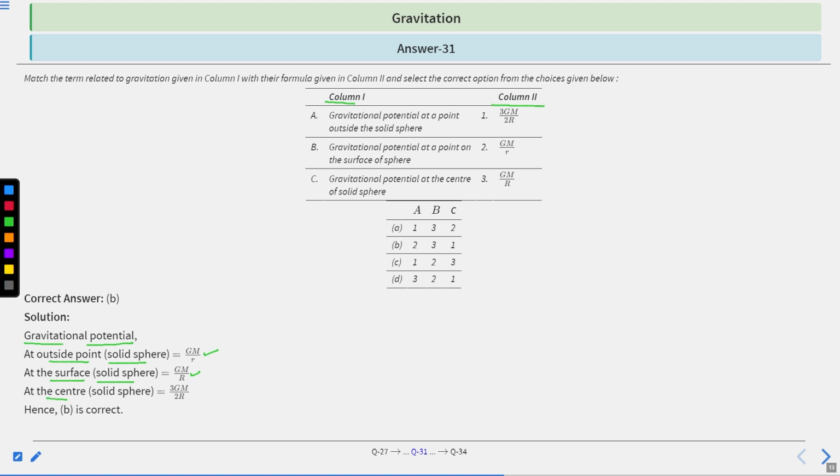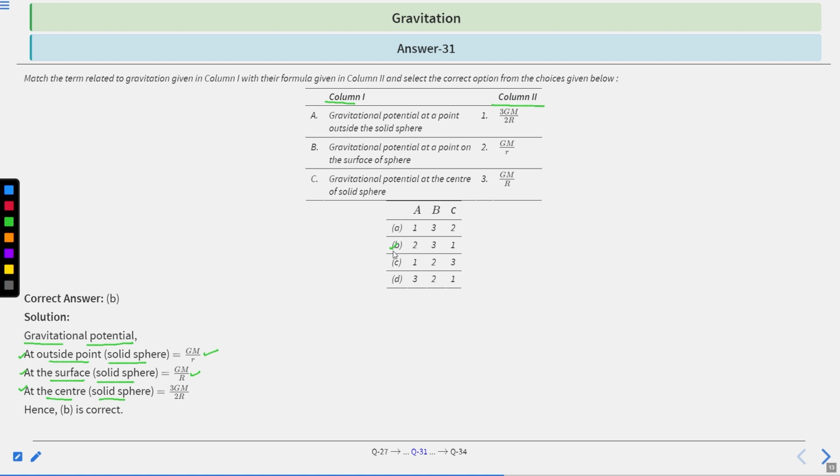At the center of the solid sphere it is equal to 3GM divided by 2R. So from these, match the options. According to these formulas, the correct answer is B.